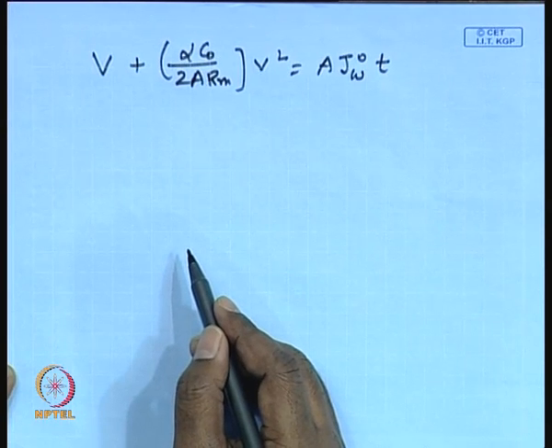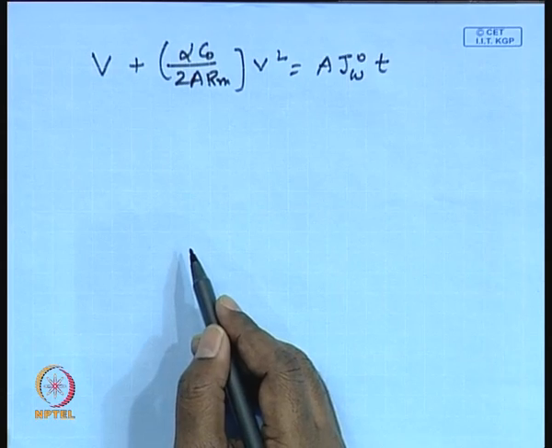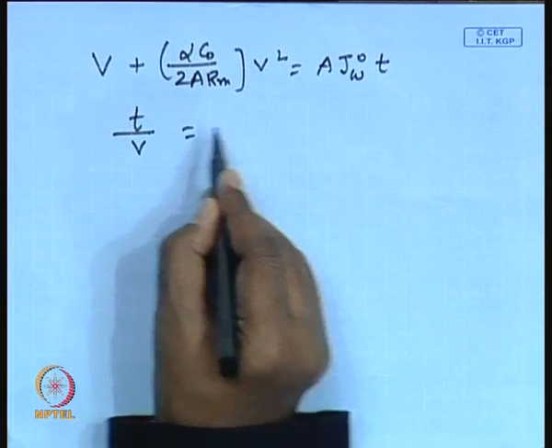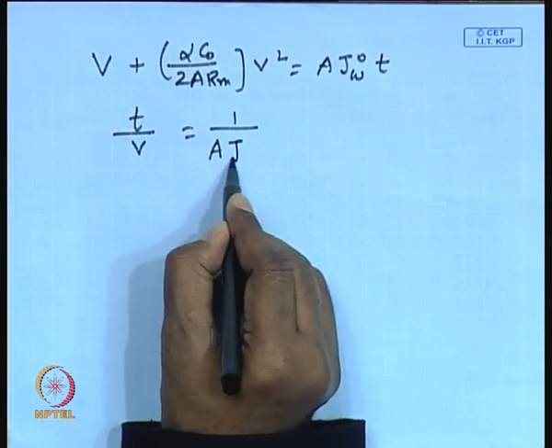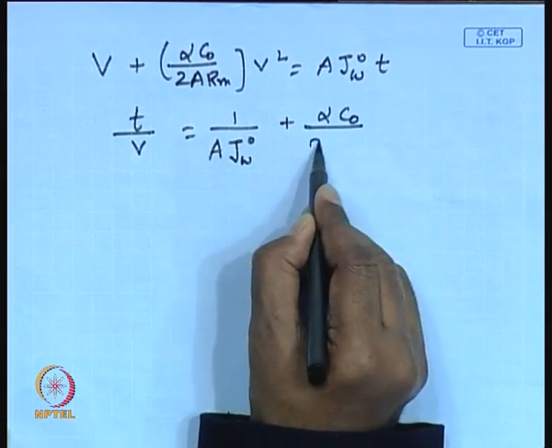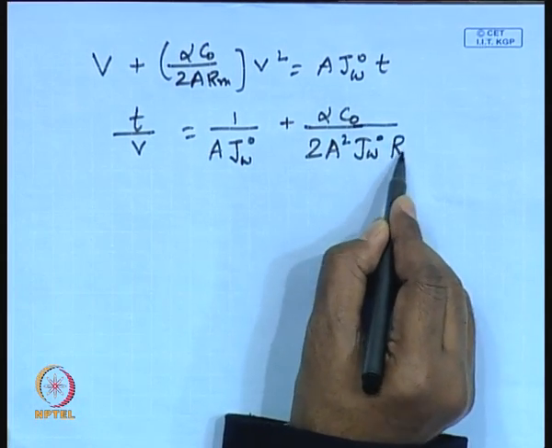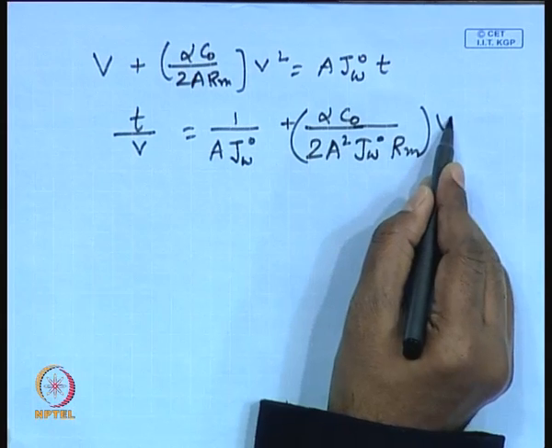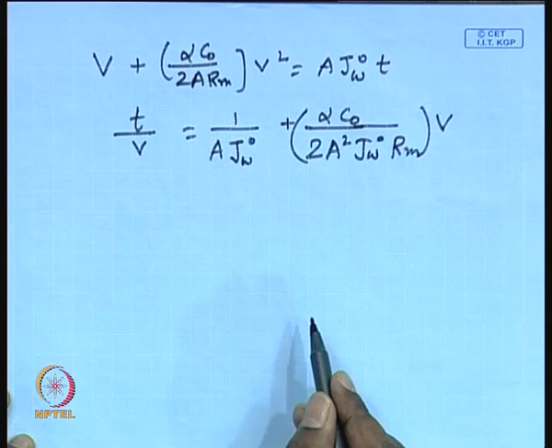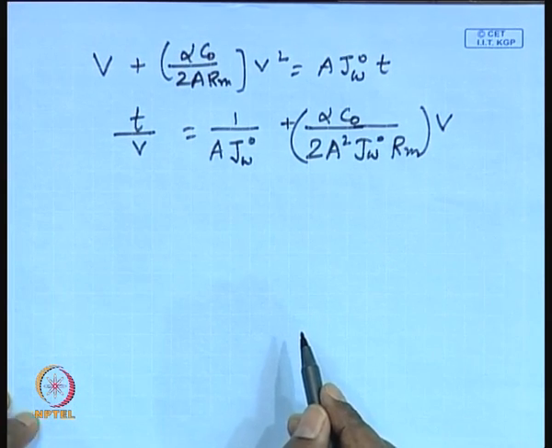Okay. That is the expression you will be getting after carrying out the integration. Now, you can rearrange this equation and this will be t by V is equal to 1 over A JW0 plus alpha C0 by 2 A square JW0 Rm times V. Now, what does this equation say? This equation says that if I plot t by V versus V, it will give me a straight line.